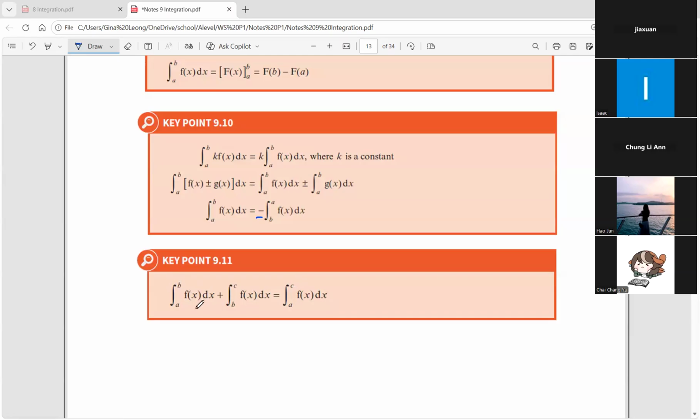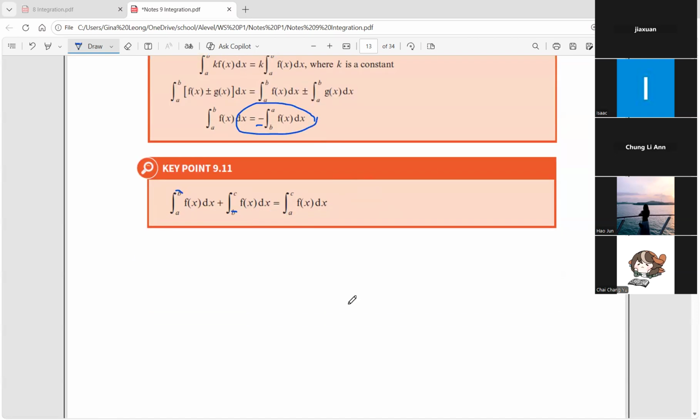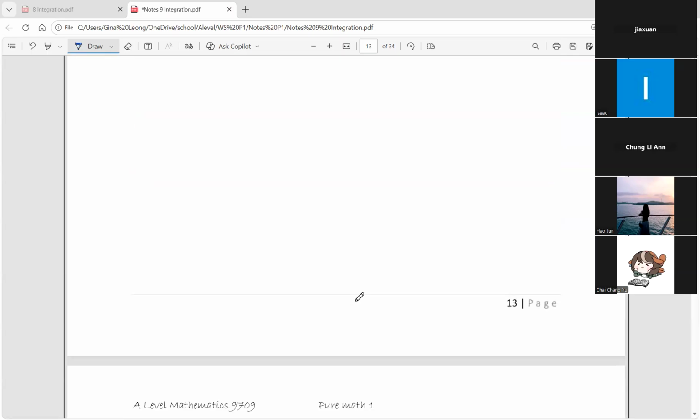So what I can find is b to a, then c to b, because the b and b here you can cancel. So straight away you will get c to a. So meaning that for c to a, I can use b to a plus c to b. If you cannot get the b, one on top, one on the bottom, then you change. When you change, you need to use this formula. This is the basic concept.